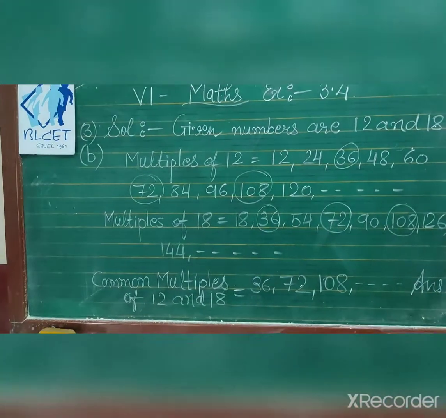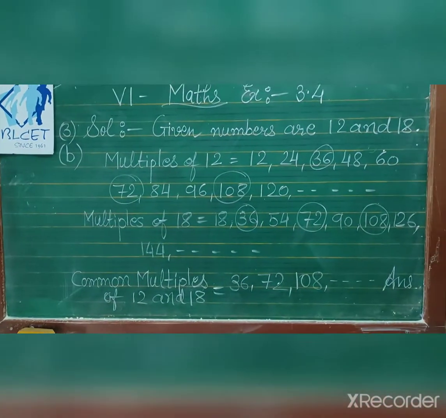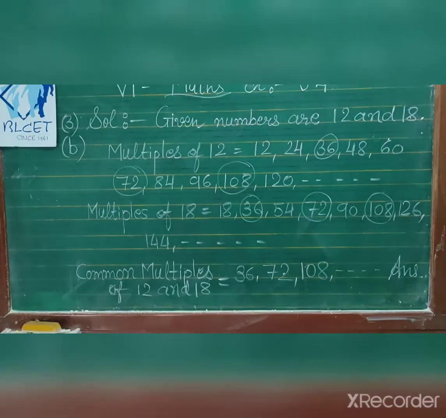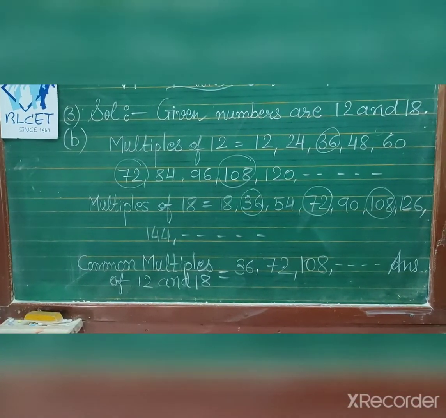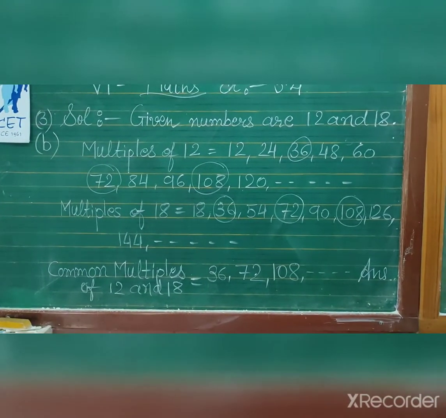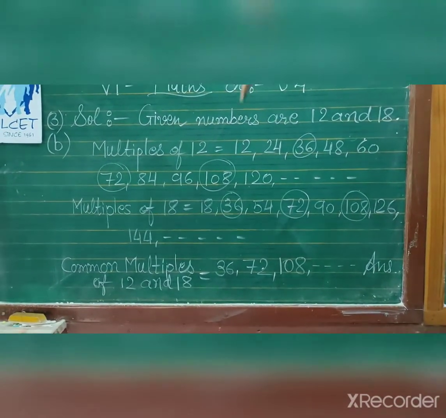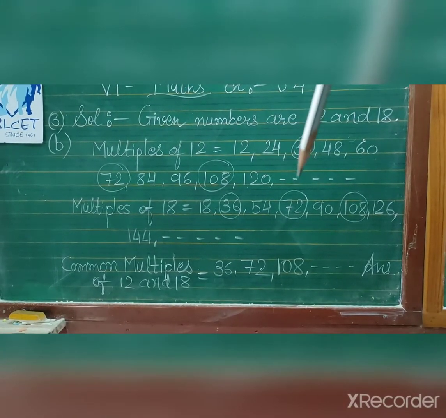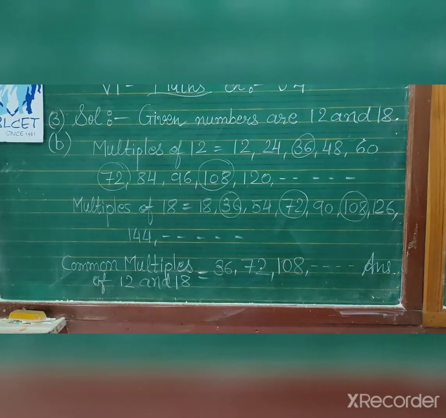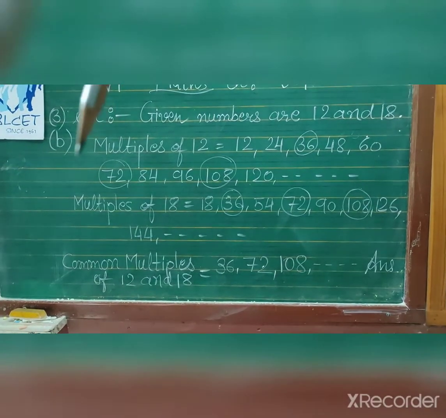Question number 3 part B. Given numbers are 12 and 18. So multiples of 12. You will not write only 12, 12 equal to, that is the wrong method. Multiples of 12: 12 ones are 12, 2s are 24, 3s are 36 and so on. Uncountable multiples we can get.